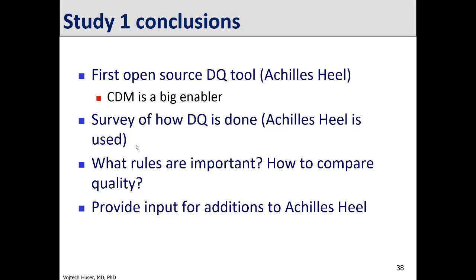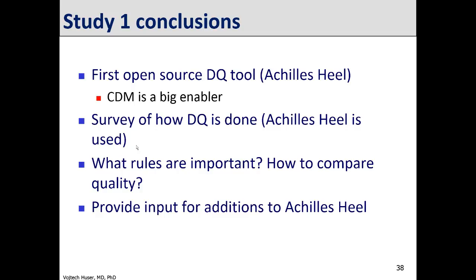We like that this was the first publication which showcases that it is possible to create a data quality tool thanks to a common data model. If a site has not done any data quality checks or has delegated this problem to the principal investigator of any user of the data, it is possible to write one, and it is possible to extend with new rules, new checks, new measures.